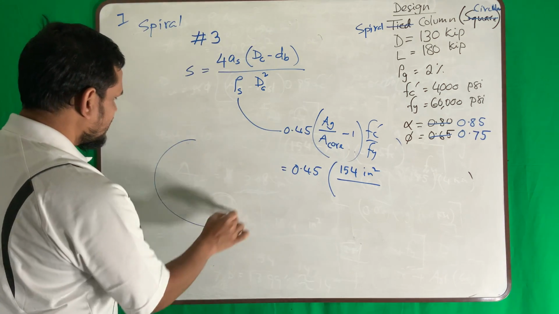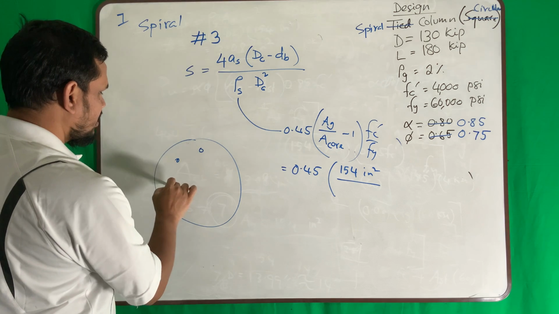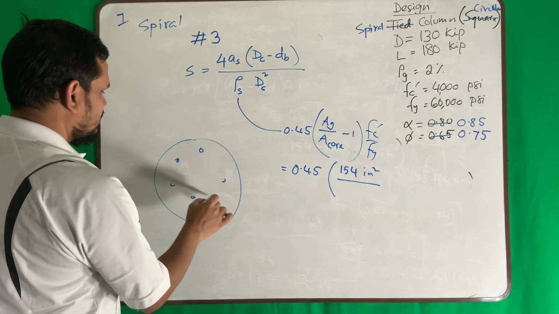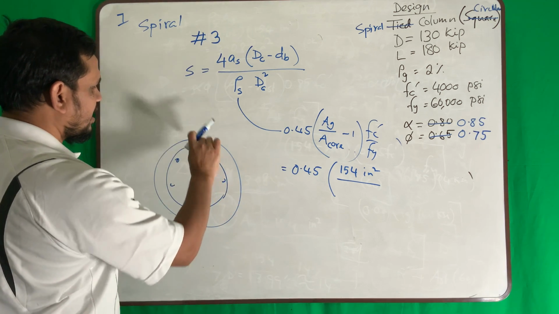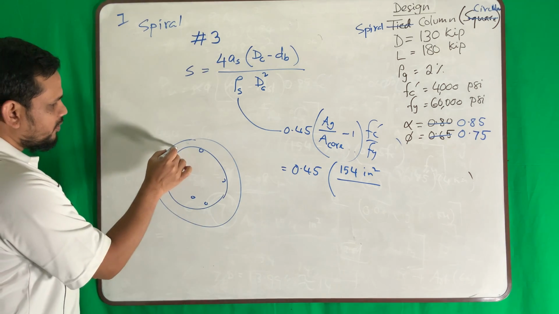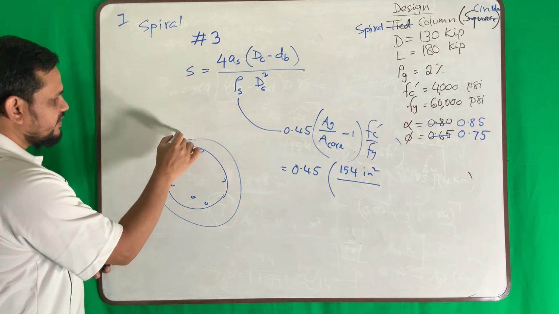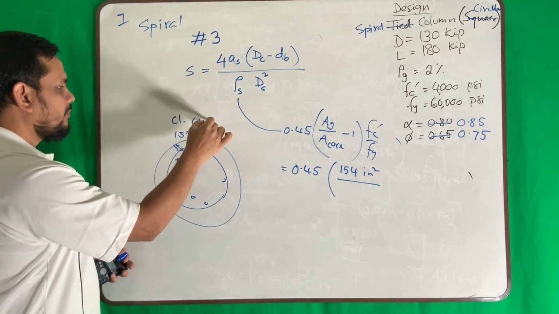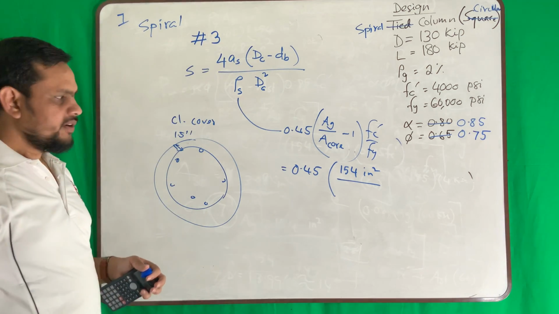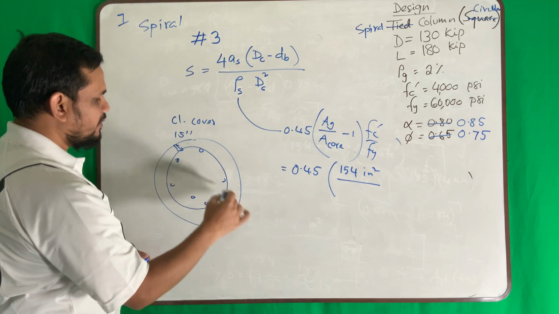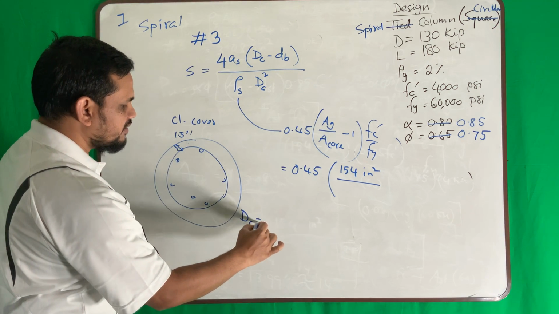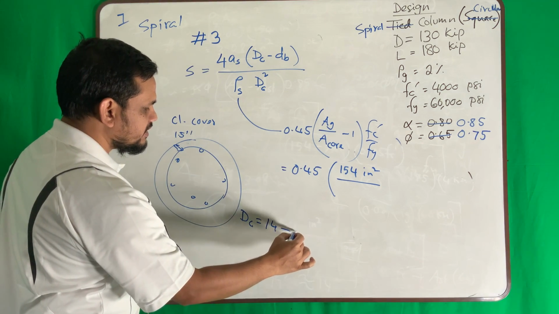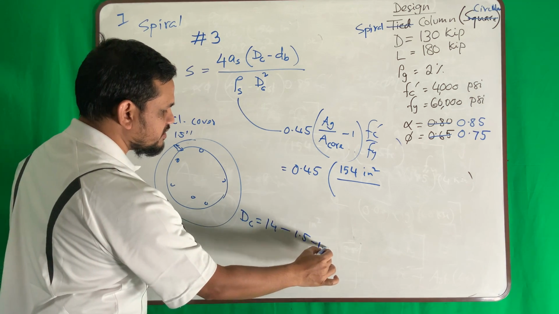Core area is whatever is inside after placing reinforcement and spiral, the outside area. If we provide 1.5 inch clear cover on both sides, then our core diameter Dc will be 14 minus 1.5 minus 1.5.